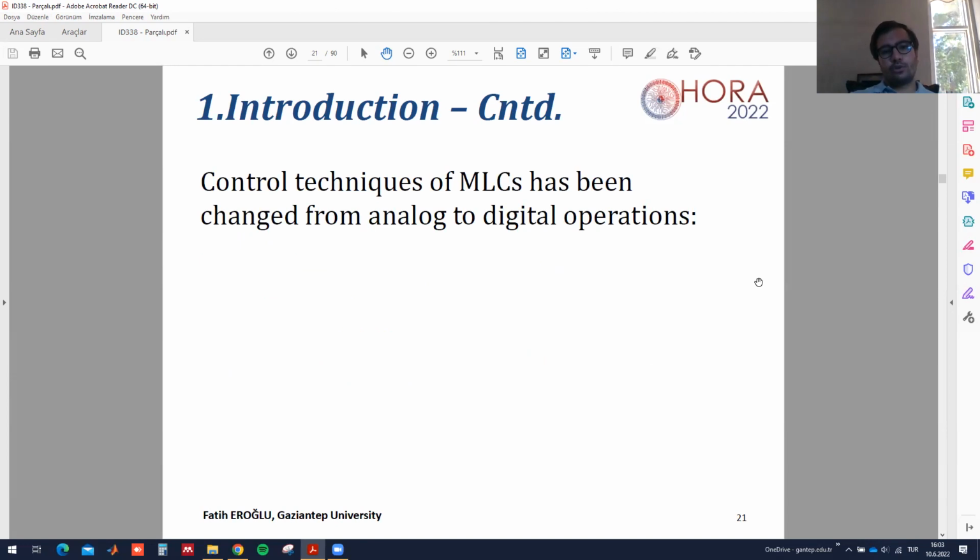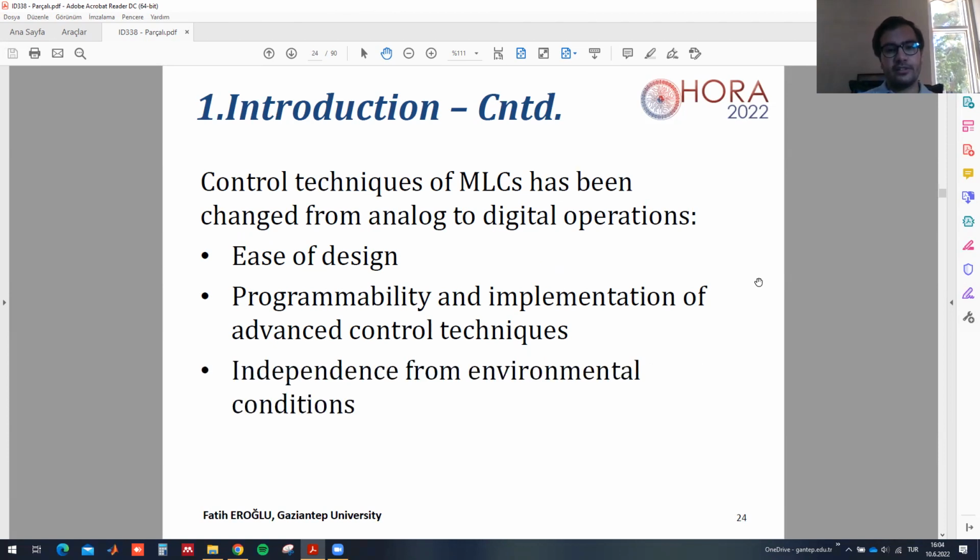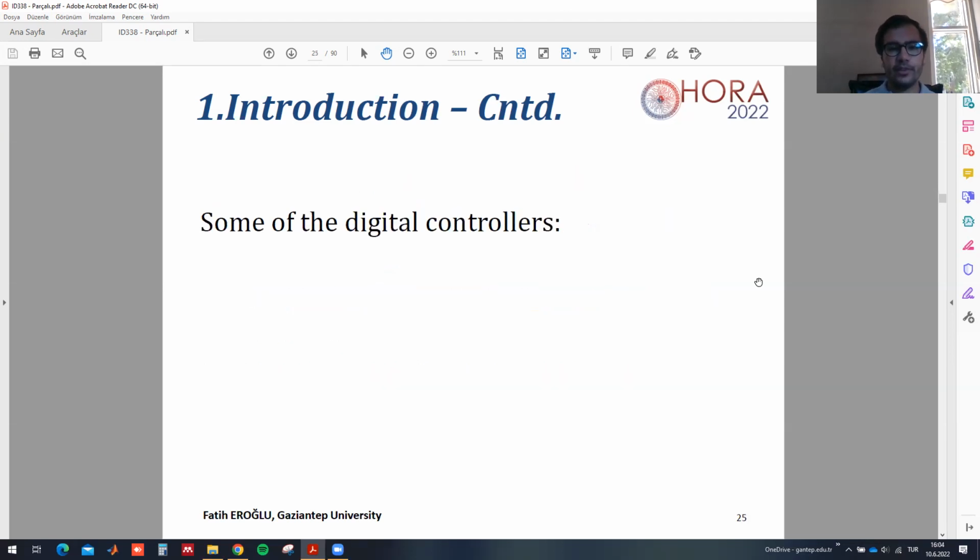Control techniques of multi-level converters have recently changed from analog to digital operations, mostly due to ease of design and programmability, and because implementation of advanced control techniques is possible in digital operations. In digital operations, environmental conditions are not a concern.